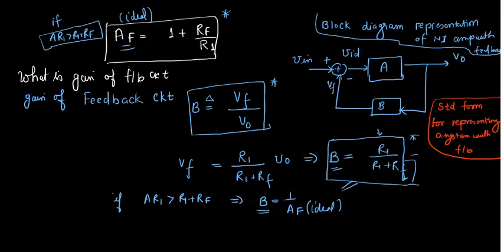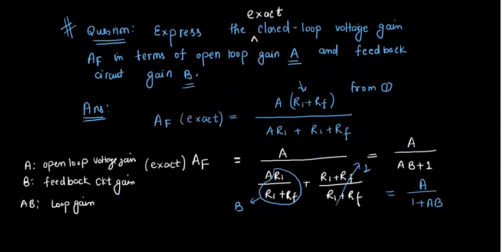What we have done, we have derived AF, the exact voltage gain with feedback, exact formula, right? Not ideal. In terms of A and B, the answer was AF is equal to A upon 1 plus AB.